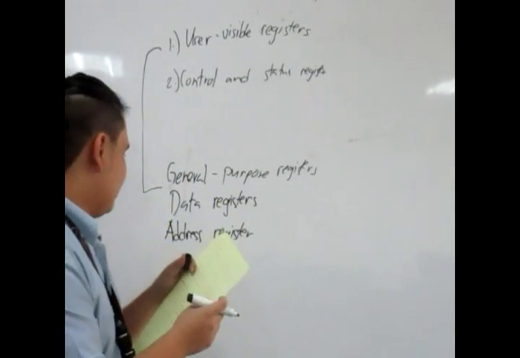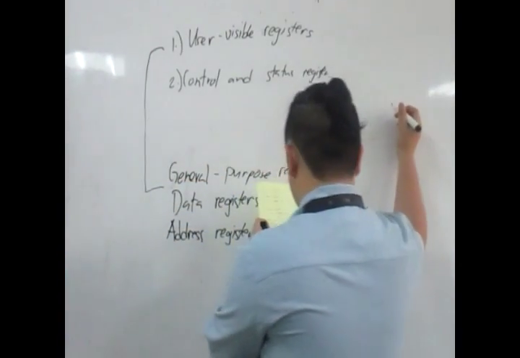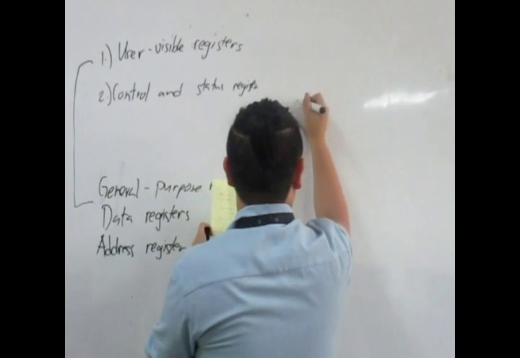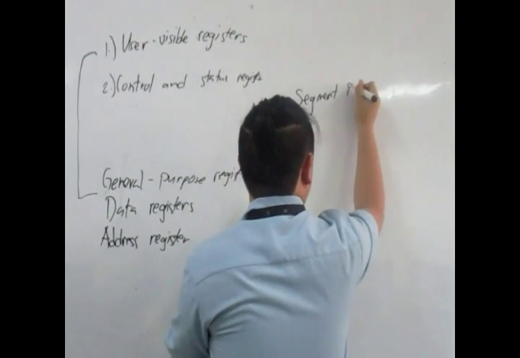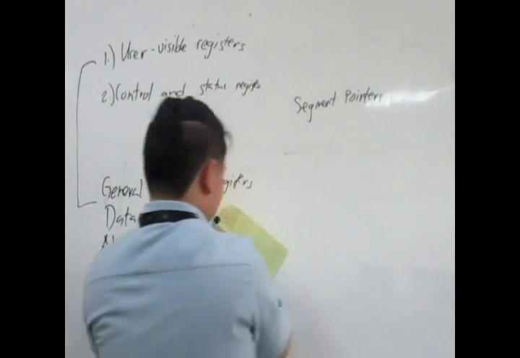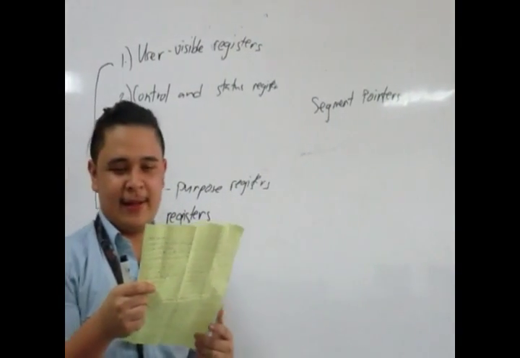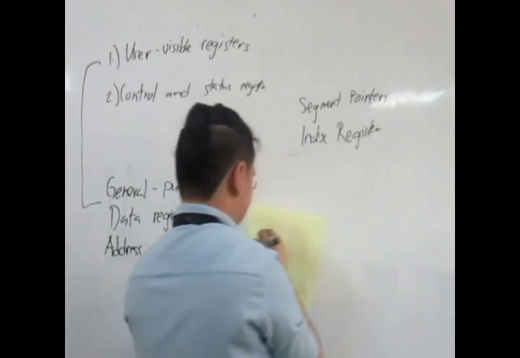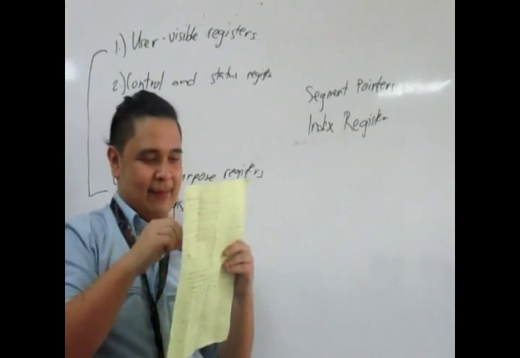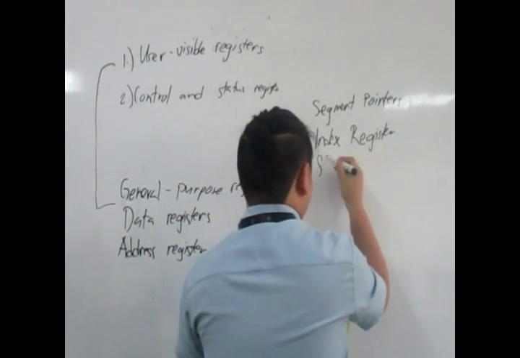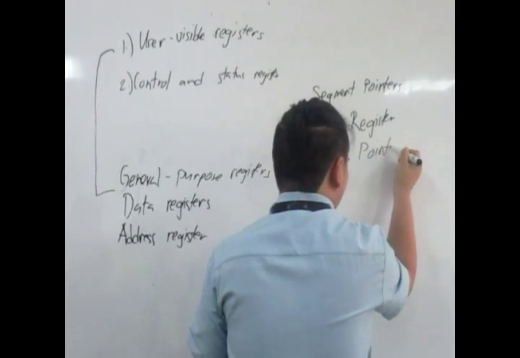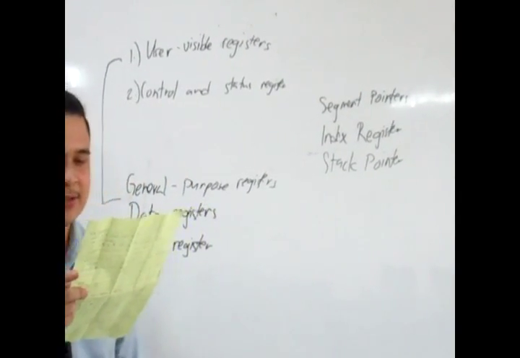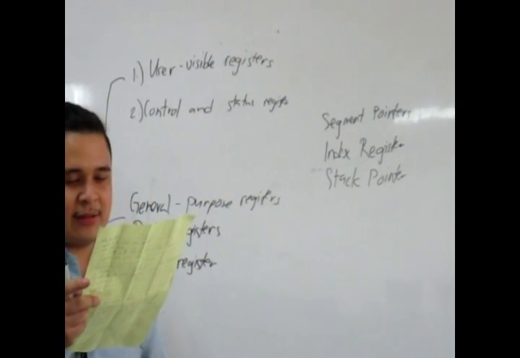Under the address register are segment pointers, the holder of the address of the base of the segment, and index registers, which are used for indexed addressing, and the stack pointer, which is used to allow implicit addressing, that is, push, pop, and other stack instructions need not contain an explicit stack operand.